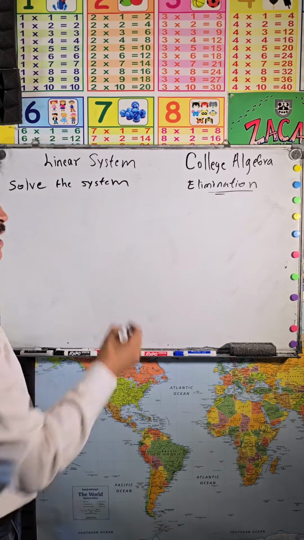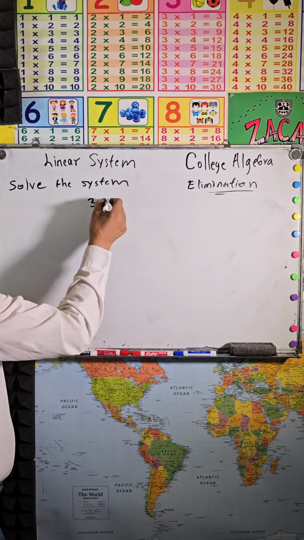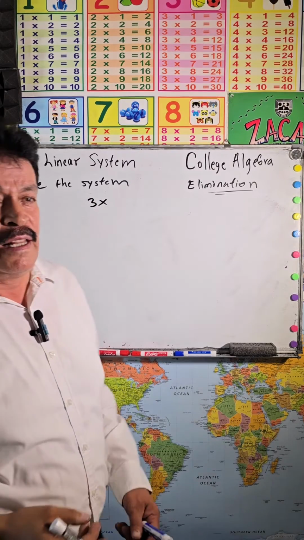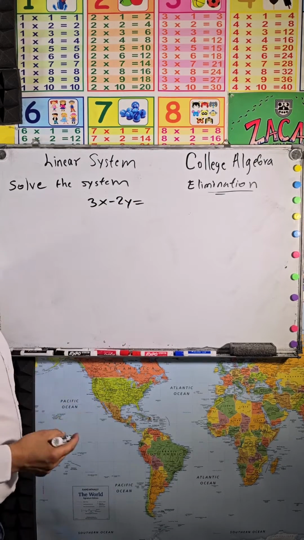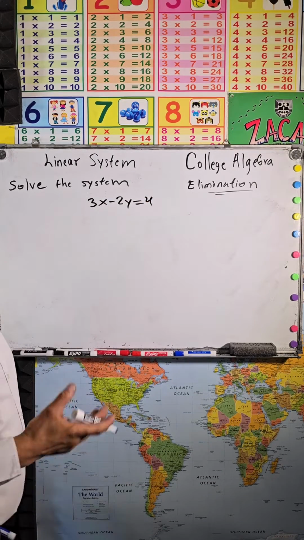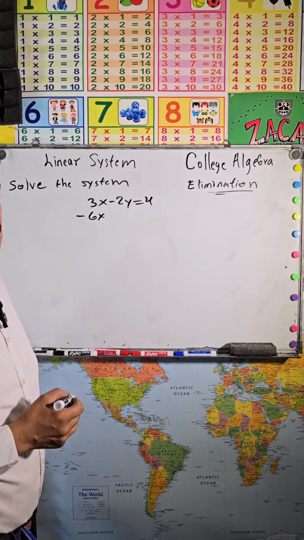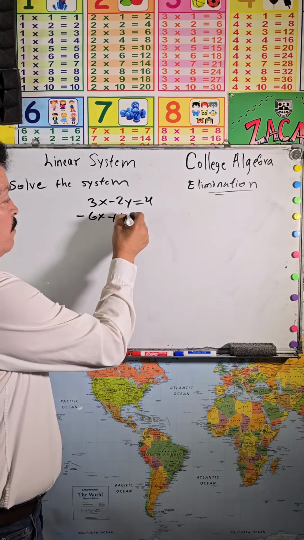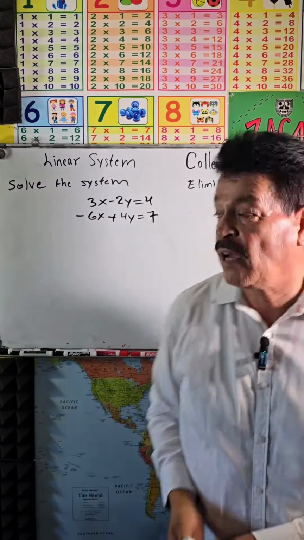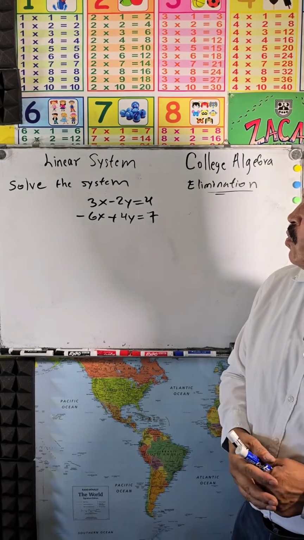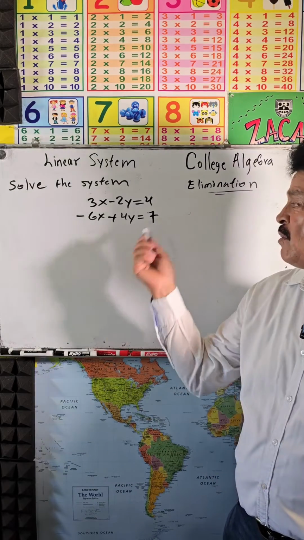The system now is 3x minus 2y equals 4, and minus 6x plus 4y equals 7. See our problem right here? 3x minus 2y equals 4, and then minus 6x plus 4y equals 7.